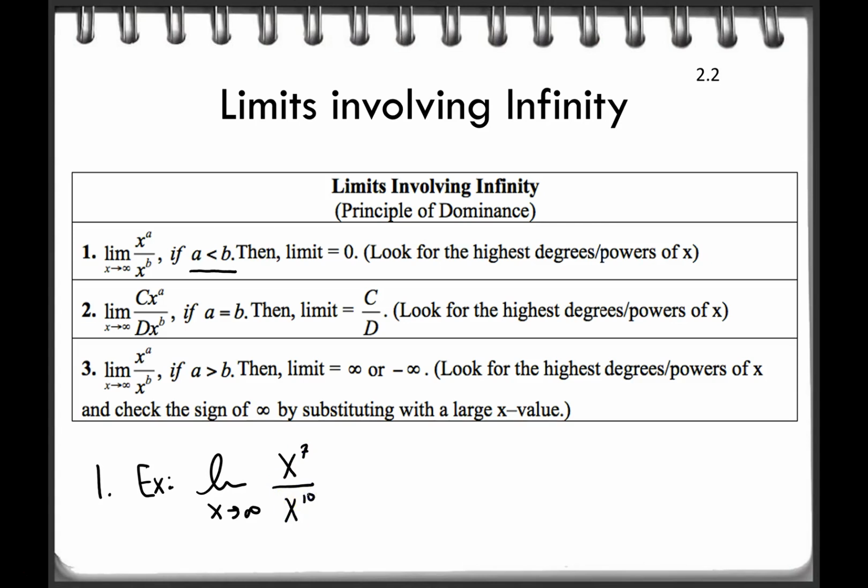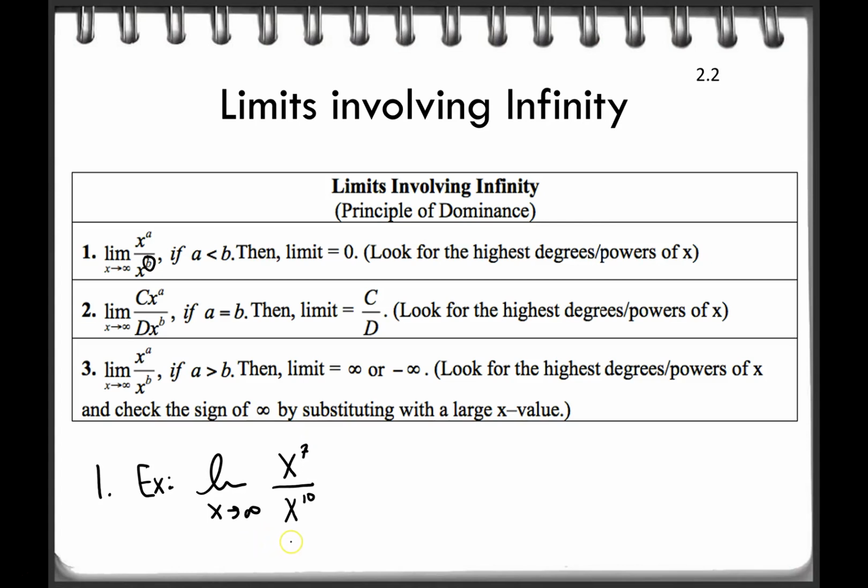Okay, in this case, my b is the bigger one, right? B is greater than A. Or you can think of it as A being smaller than B. In any case, we have a situation where the denominator is bigger.